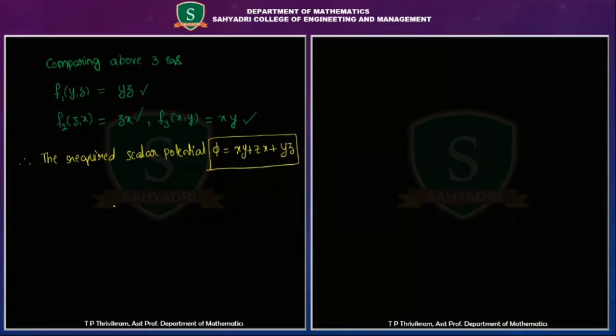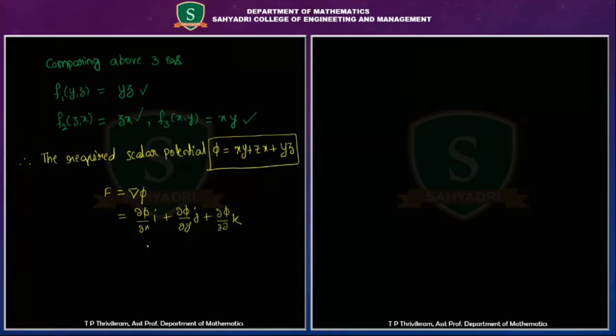How will you verify? He has given that f must be equal to del phi. Correct? So del phi is nothing but dou phi by dou x i plus dou phi by dou y j plus dou phi by dou z k. Okay, find out dou phi by dou x.